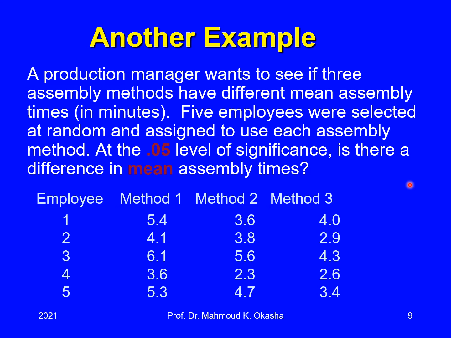So we want to test whether the population means of assembly times are significantly different or not. These are the observations, method 1, method 2, method 3, and we have 5 observations in each method.